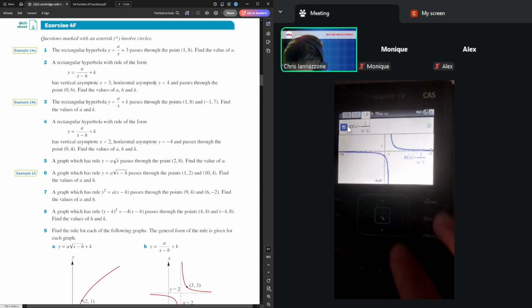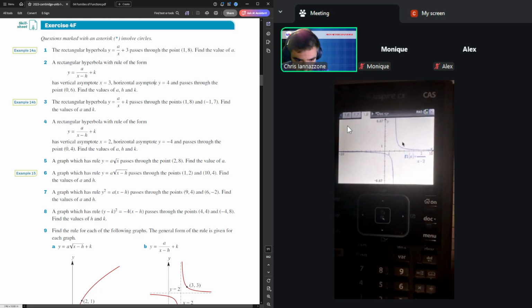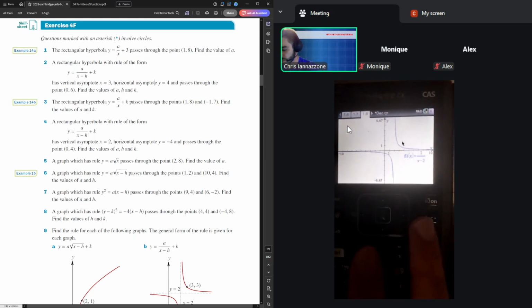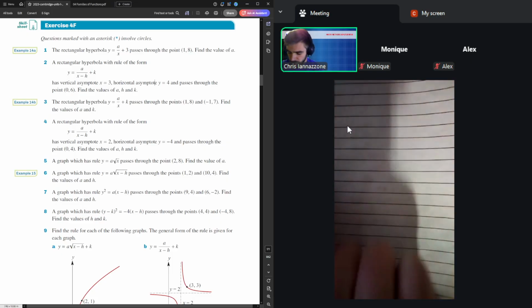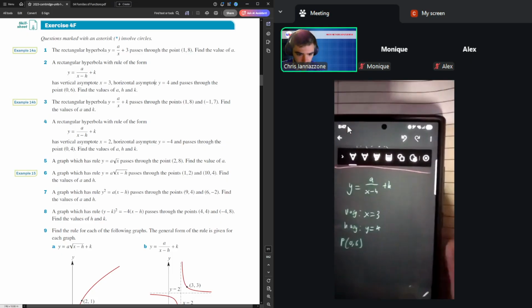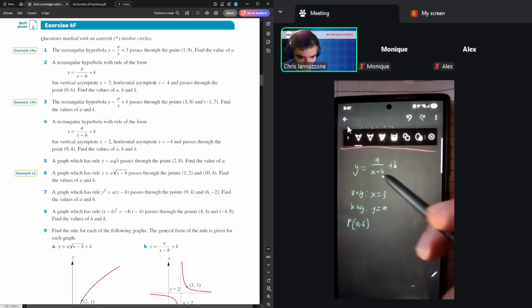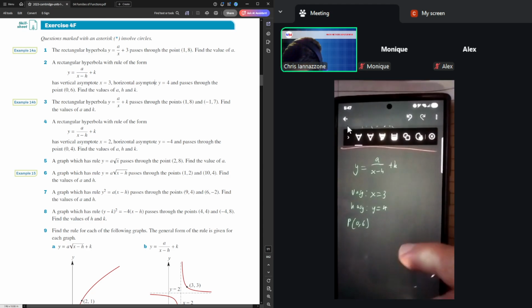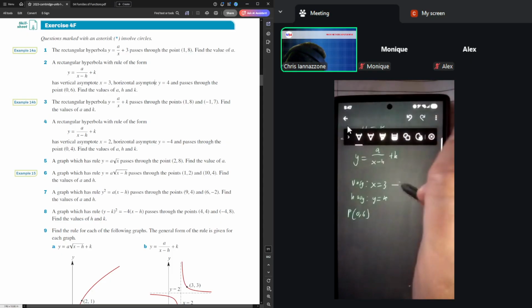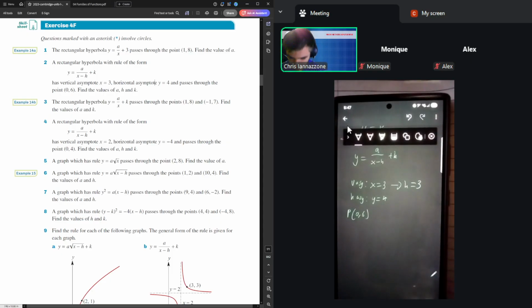So shifting left or right, horizontally speaking, will also determine where that asymptote is going to go, specifically the vertical asymptote. So, using the information we have here, if we have a vertical asymptote of x equals 3, that means we need to shift right by 3. So in other words, that h needs to be 3. H equals 3.